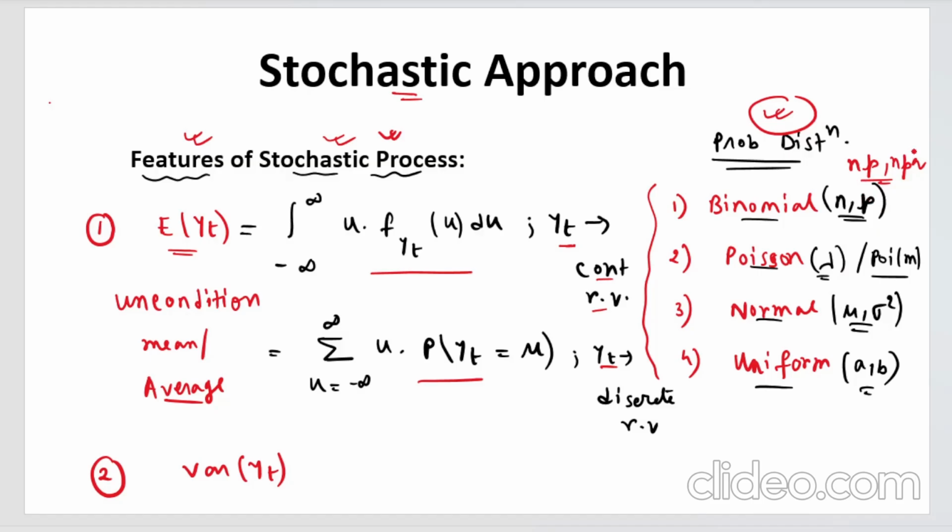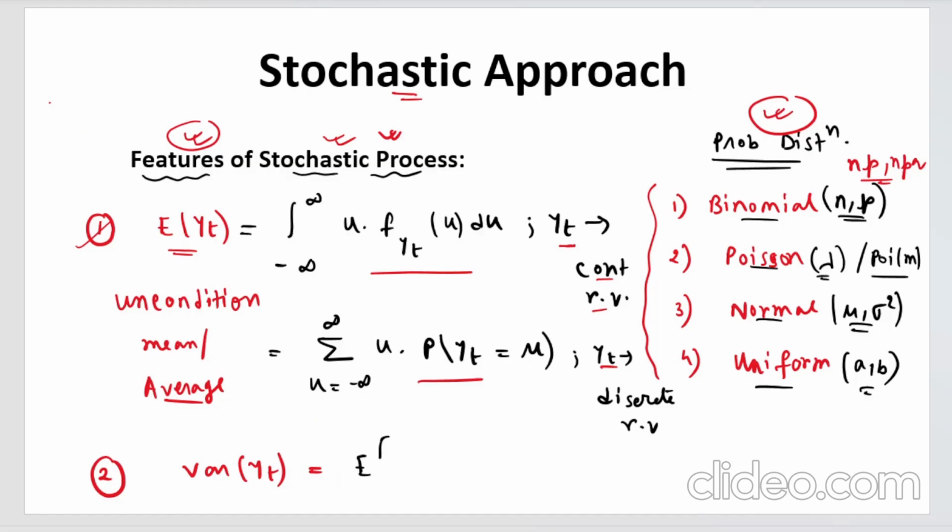So parameters will help you to define these features that we are discussing one by one. The first feature we have discussed is the mean. In terms of parameters, you know what the mean of all these distributions is. So if you know the mean, from that you know the nature of this probability distribution. So these are the features that help you to model the process better, right? Now what will be the variance of yt?